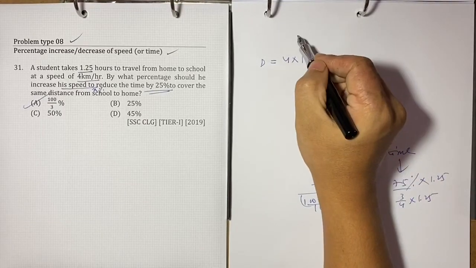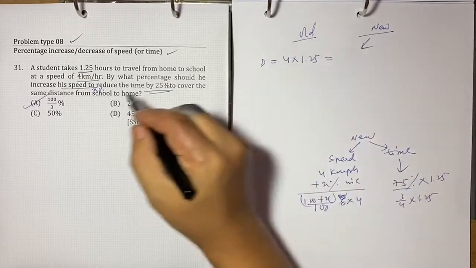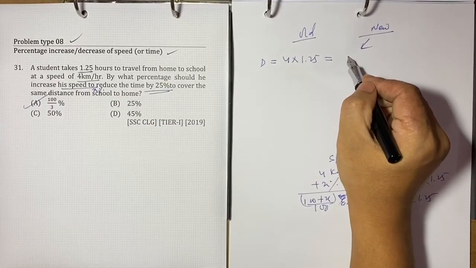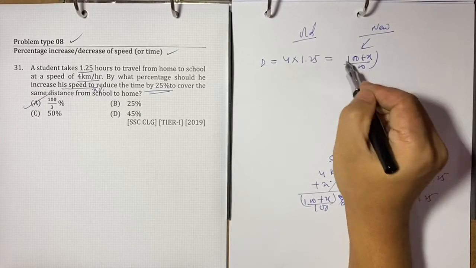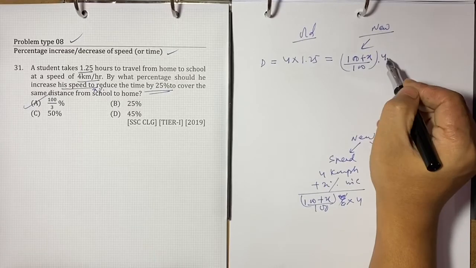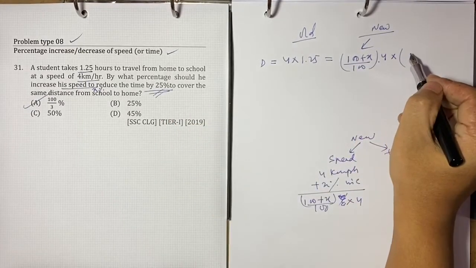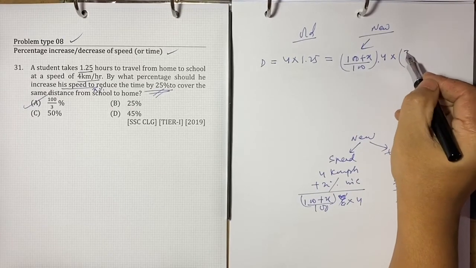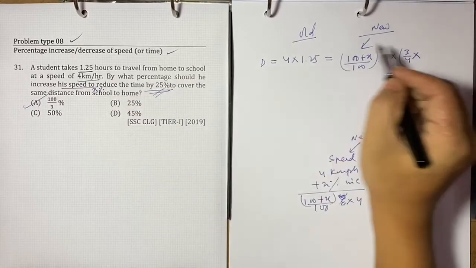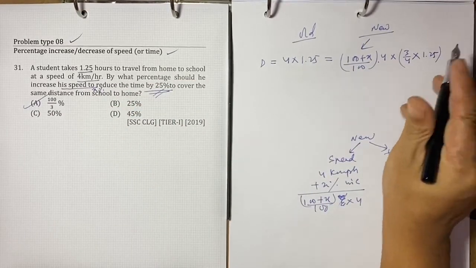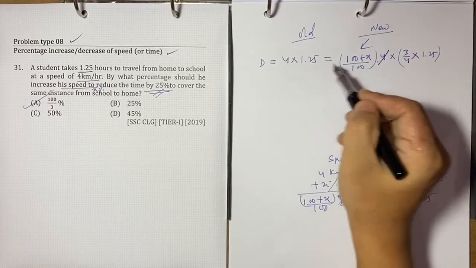So this is the old and the new. The new speed: it increased by x percent, so the new speed will be 100 plus x divided by 100 into the old speed, which is 4. This is the speed into time. With a 25% decrease, the new time will be 75%, that is 3 by 4 into the old time, 1.25. The 4 cancels on both sides.